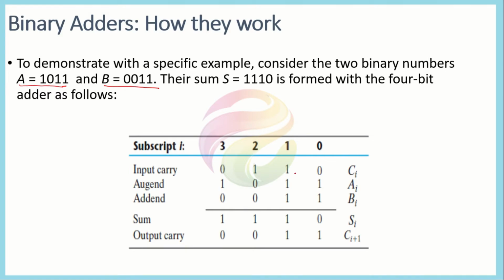First we draw the table like this. In this we have written the two numbers here, the augend and the addend. This is A and this is B here. Each bit is represented as Ai or Bi, starting from subscript 0, then moving on to subscript 1, 2 and 3.